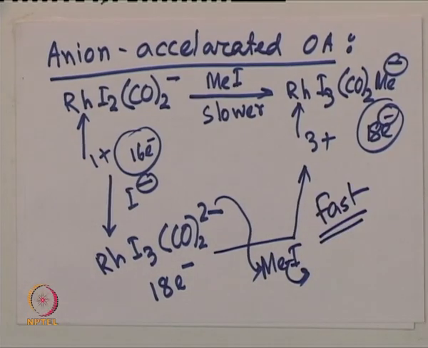So overall, simply methyl iodide will give a slower reaction. By addition of iodide, we will get a very fast reaction. This is what is usually known as anion accelerated oxidative addition. We do not need to add the iodide salt in large quantity.